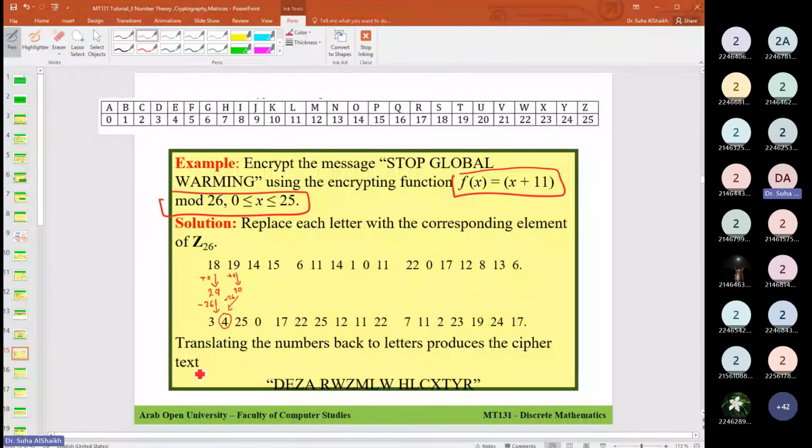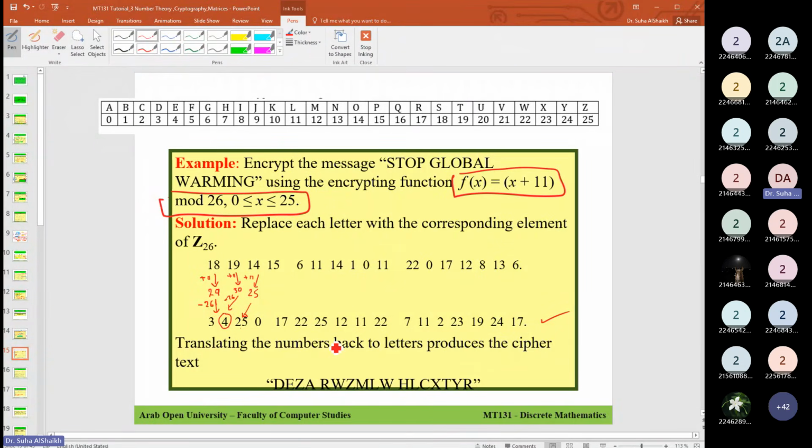This will be 25. 25 can just go as 25. And so on. For each one here, add 11. If it is 26 or more, subtract 26 to get the answer. Okay? And this will be all the digits that we have.